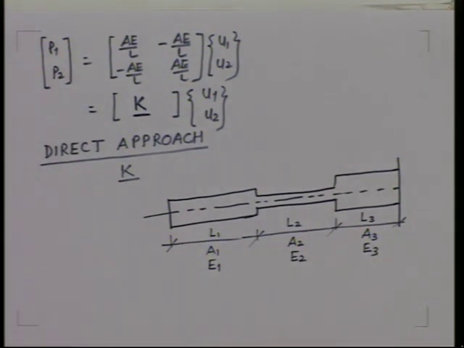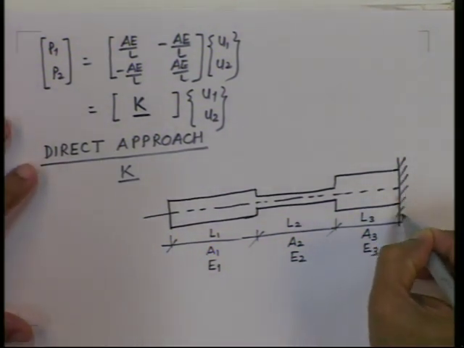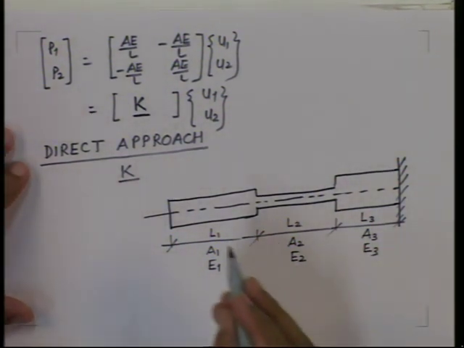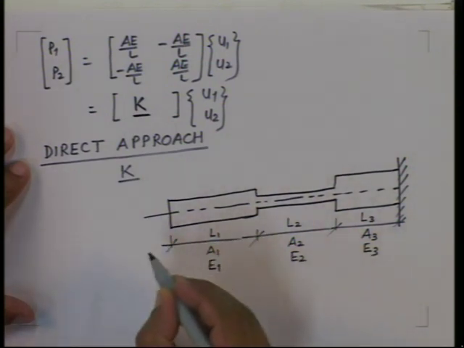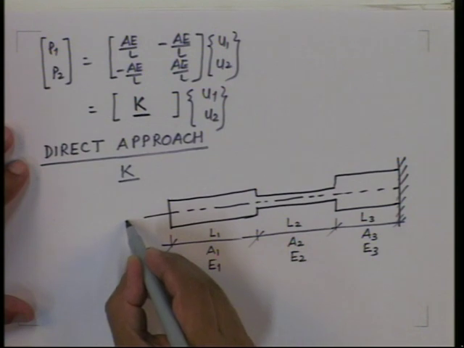It is not easy to solve by any other method, whatever you have learned, but yes, this discrete method will give us a straightforward solution. Now, let us say this is clamped here or this is fixed here, the boundary condition we are giving, and let us say that this be free, it does not matter.